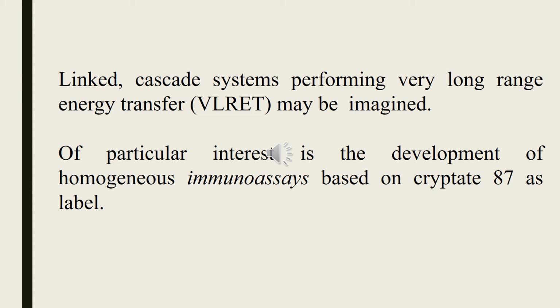Of particular interest is the development of homogeneous immunoassays based on cryptates, labeled as 87 in the diagram.